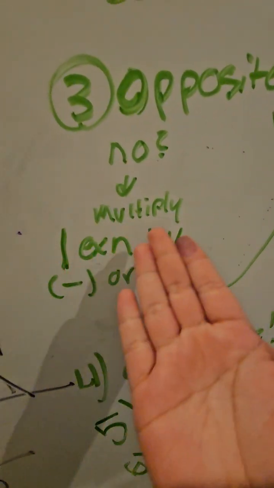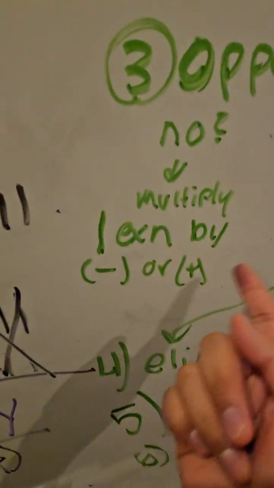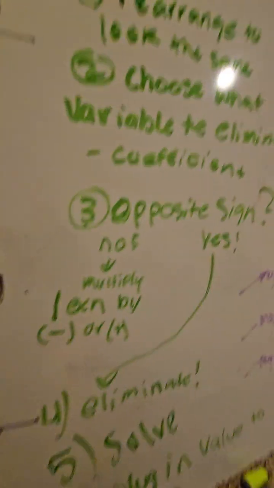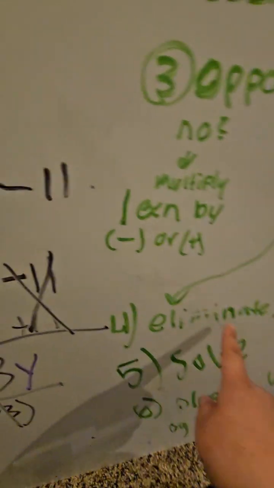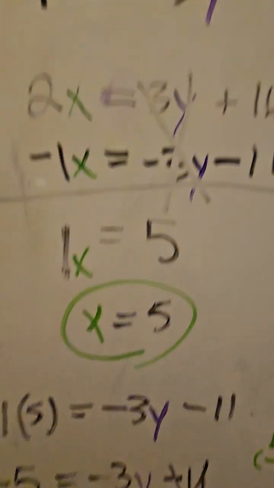So we multiplied the whole equation by negative 1, and then we got this. And then we were like, okay, let's put them together. So yeah, we multiplied one equation by a negative or a positive, depending on your equation. Okay, and then we can add the equations together now to eliminate. We can eliminate y now. And then we solve for x.